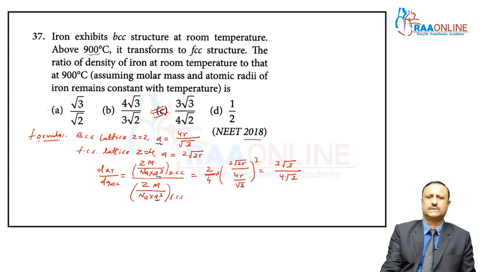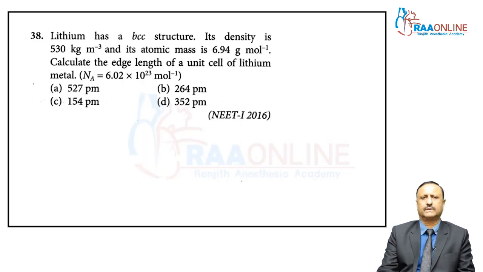So you get the answer. C is the correct answer of this question. Now, my dear students, this question was also asked in NEET 2018. Now we can go to question number 38.